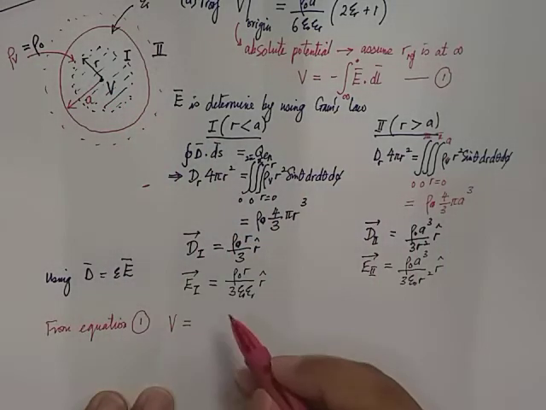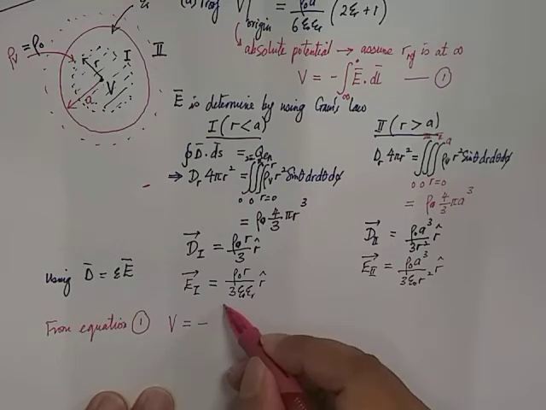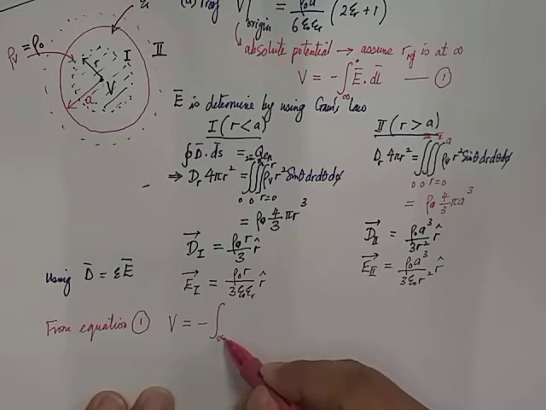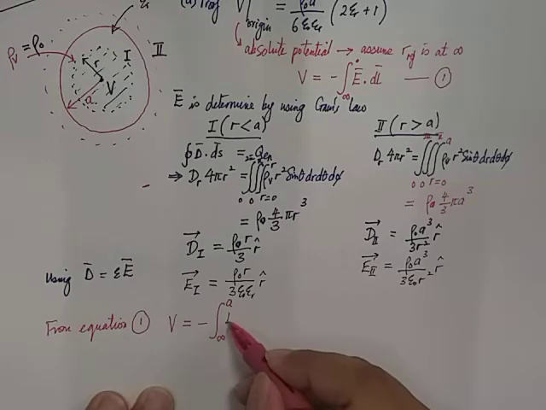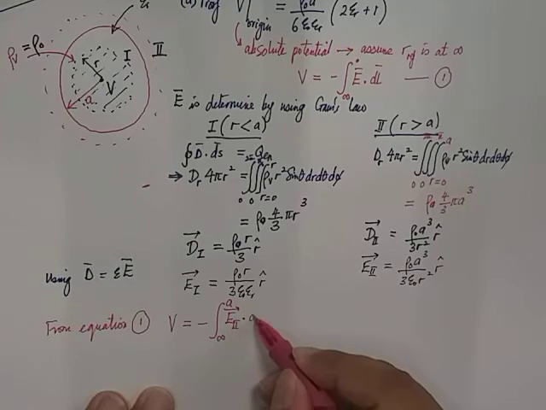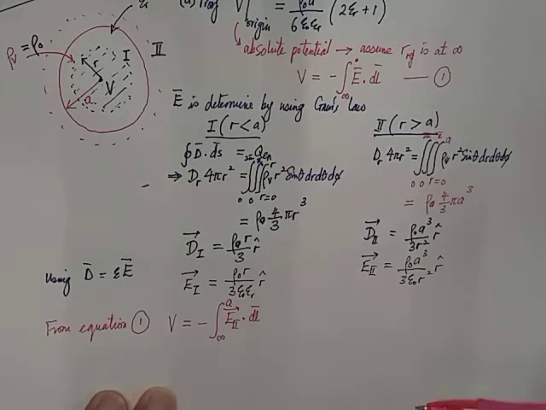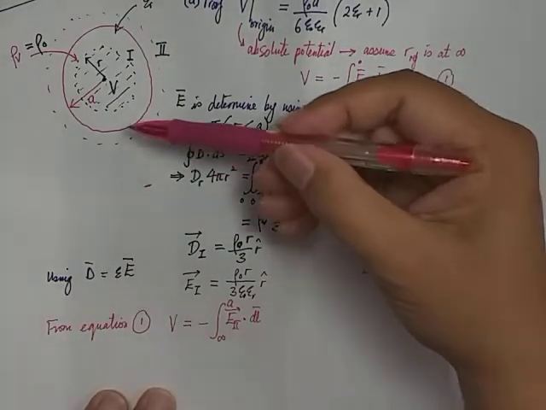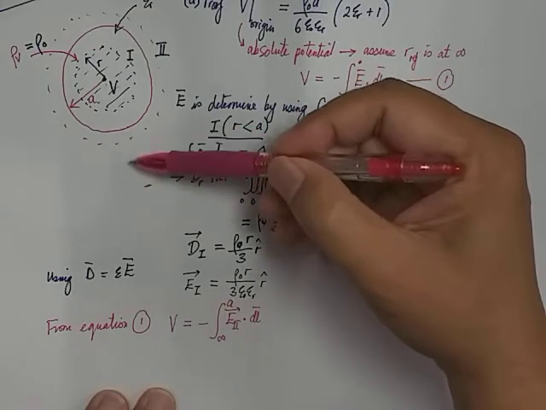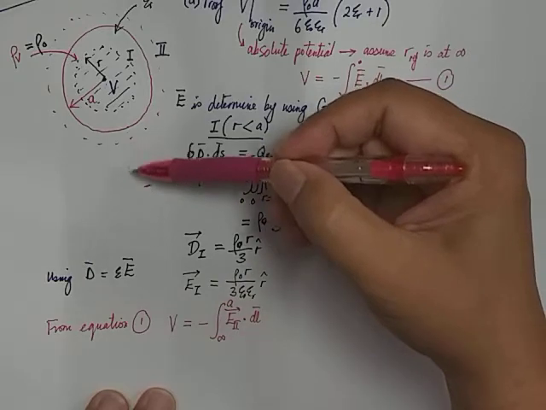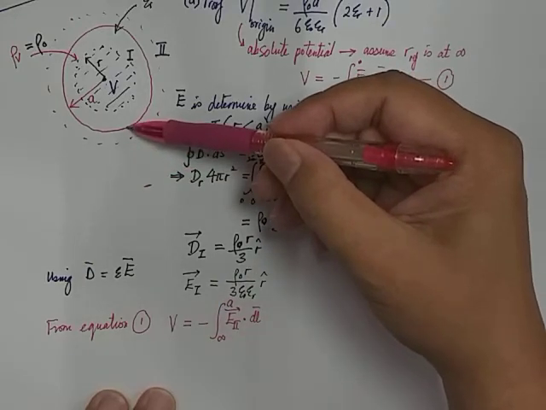In terms of mathematics, minus from infinity to A, the E here should be E2 dot dL. So I'm just moving from infinity to this position A. This is where I have gone so far, but I have to continue.